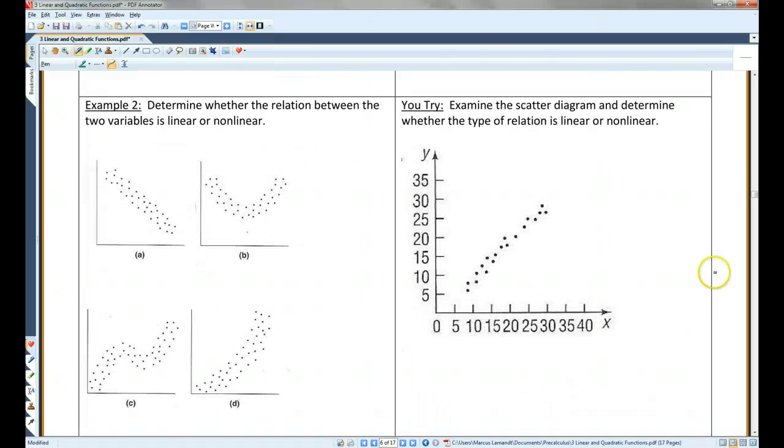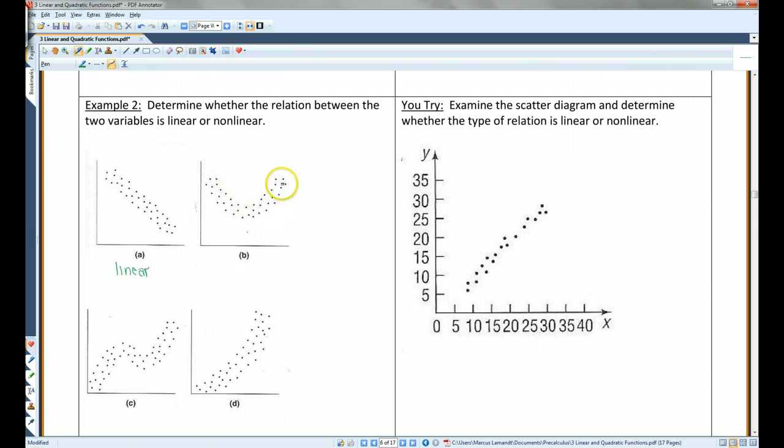Alright, example 2. Determine whether the relation between the two variables is linear or nonlinear. So you're just going to look here and see if they have kind of a straight line. For this one, as you can see, it kind of makes a straight line. It's not really curved, so this one is linear.